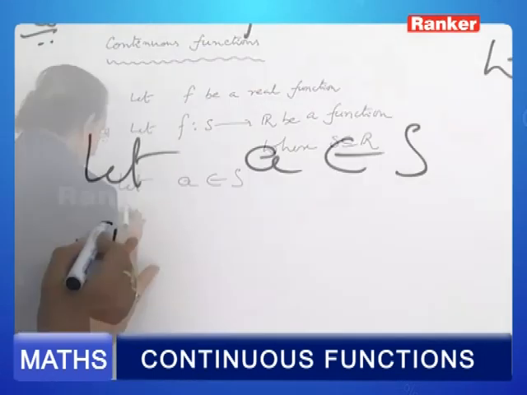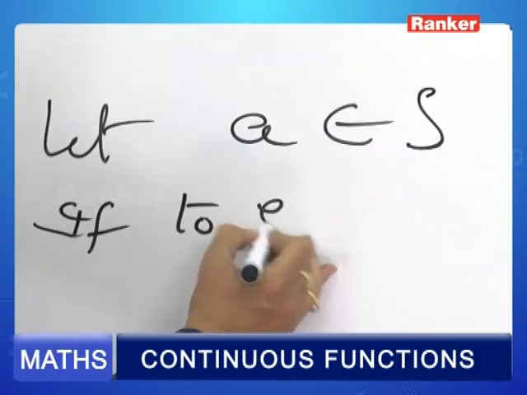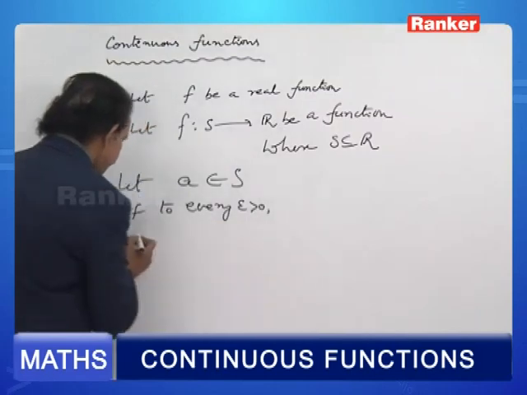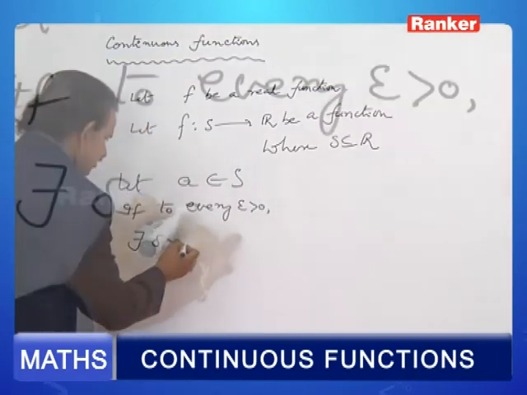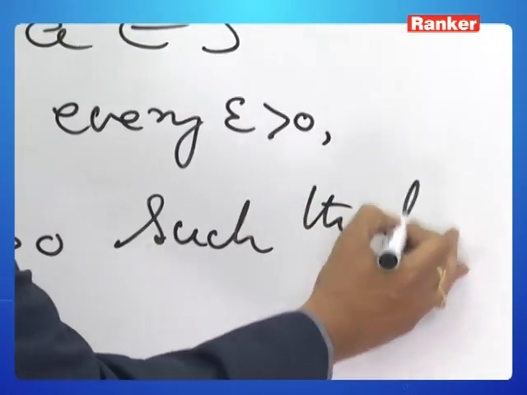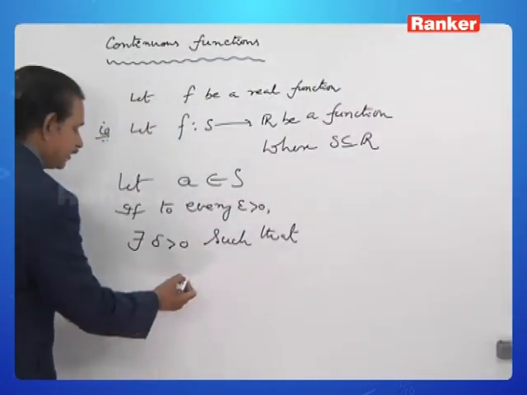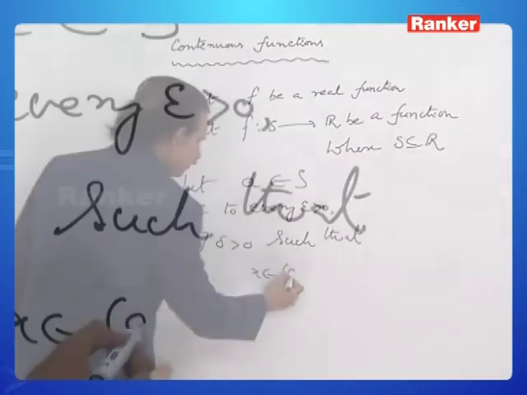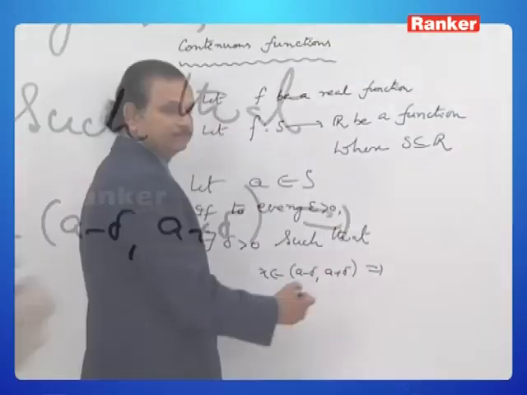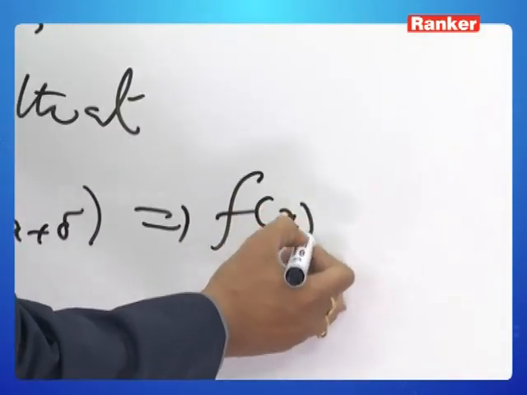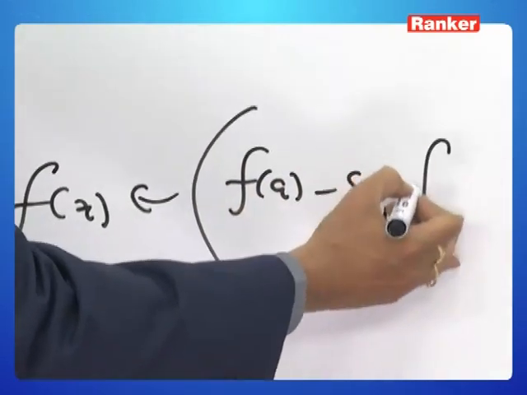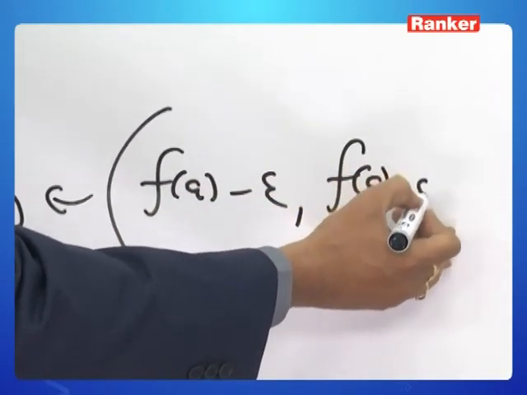If to every epsilon greater than 0, there exists delta greater than 0 such that x belongs to A minus delta to A plus delta implies f of x belongs to the open interval f of A minus epsilon to f of A plus epsilon.